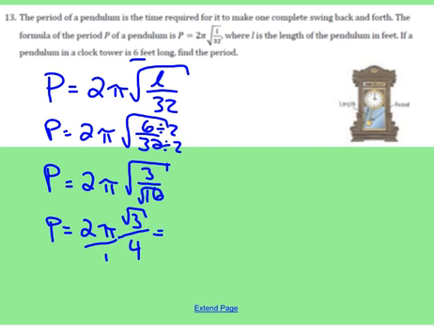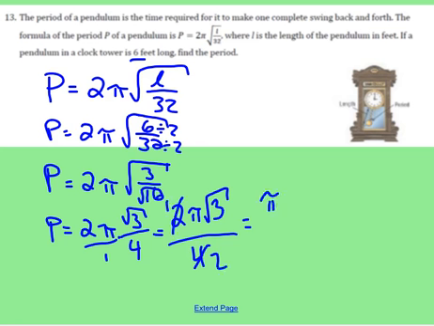I would have said this is the period of time is 2 pi square root 3 over 4. With fractions, we've been multiplying straight across. This would cancel out, be a 2. This would cancel out, be a 1. I would argue that this is pi square root 3 over 2.